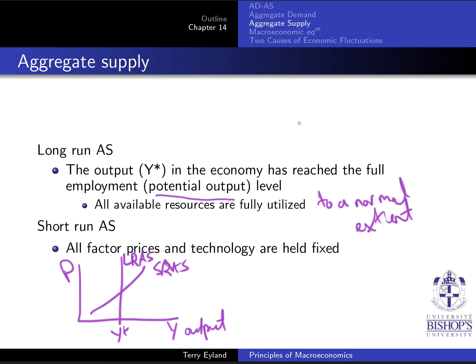We're not expecting everyone to be working, so whatever that natural rate is at that given time period, maybe it's 6%, everyone's working except that 6% that are unemployed, and the people that are working have normal work weeks, like 40-hour work weeks or whatever in their industry. So it is possible to produce an output level that is beyond this, but we'll always tend to come back to this potential output level. We'll understand that a little bit more shortly.